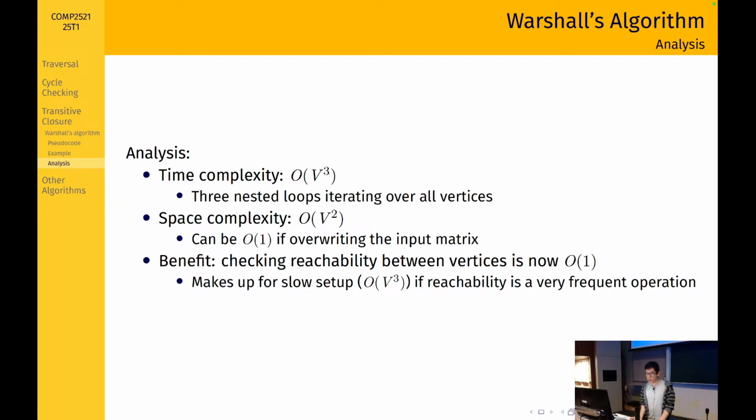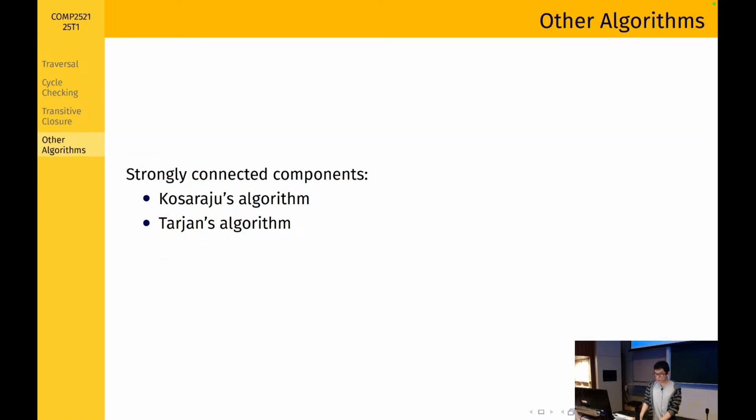Okay, so does anyone have any questions about Warshall's algorithm? Okay, so if not, here are some other algorithms for your curiosity. We did briefly introduce the idea of strongly connected components in the previous lecture, and here are some scary sounding algorithms to compute those: Kosaraju's algorithm and Tarjan's algorithm.